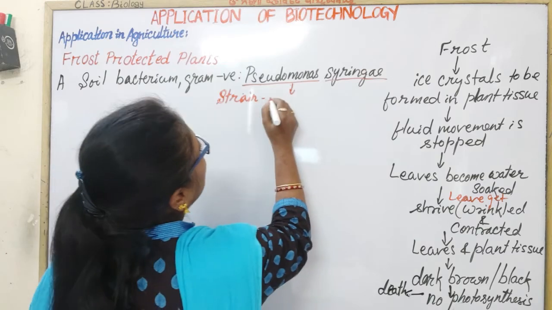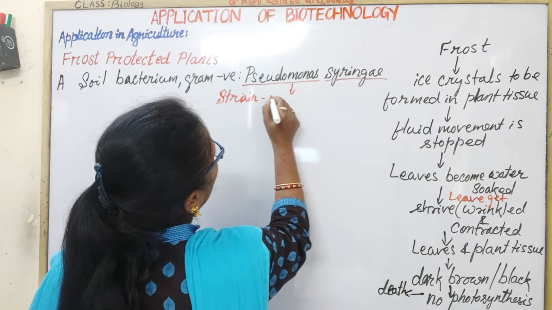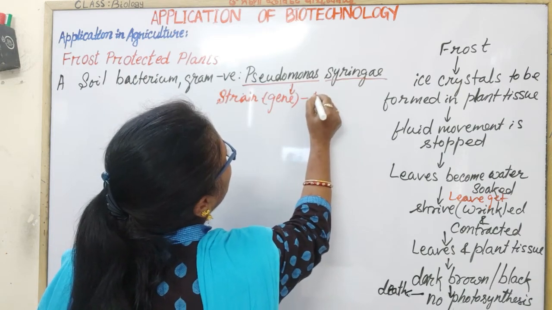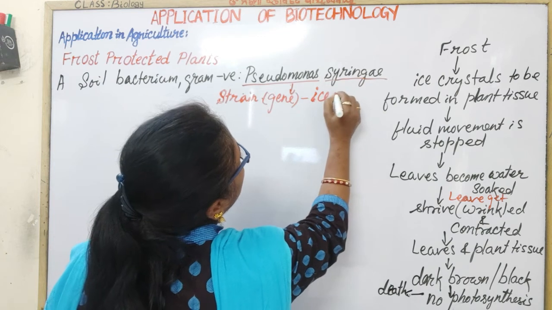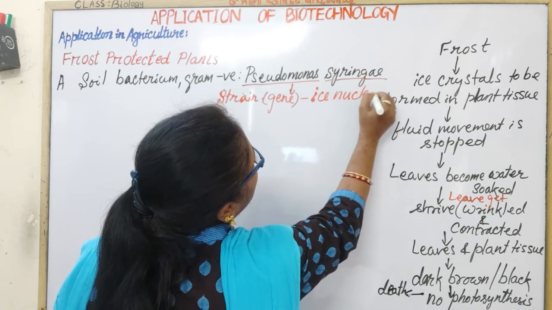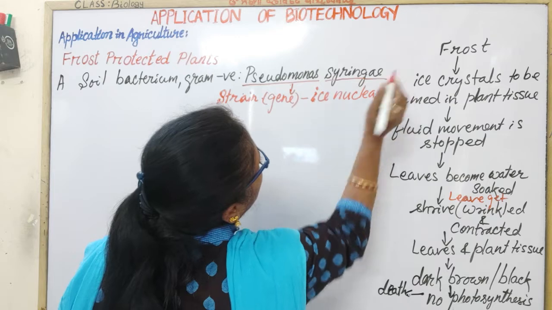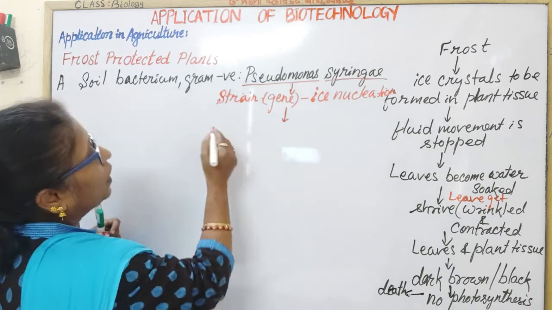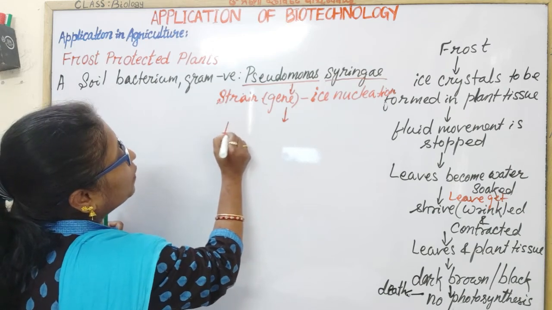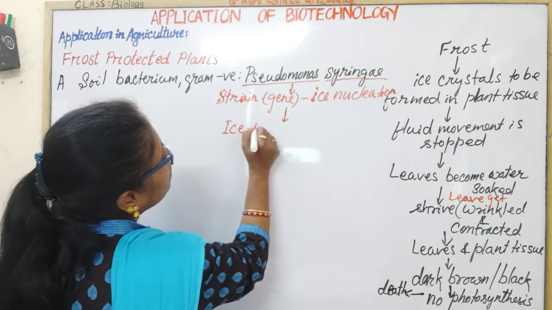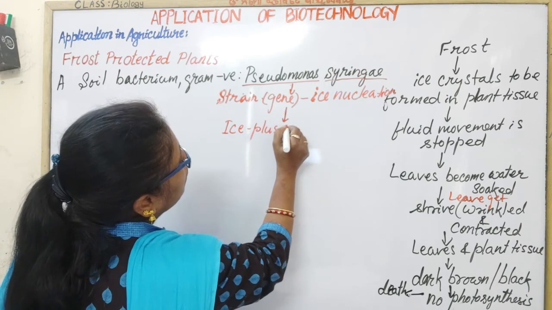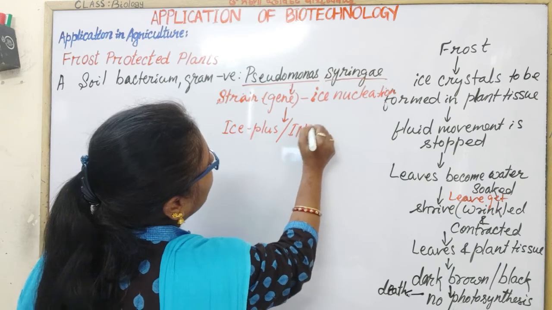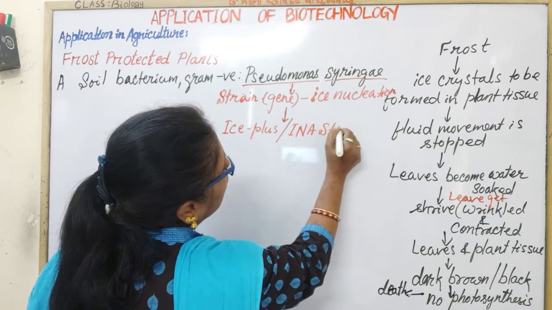So the strain of Pseudomonas syringae, the strain or gene that causes ice nucleation, is called ice plus or INA strain.